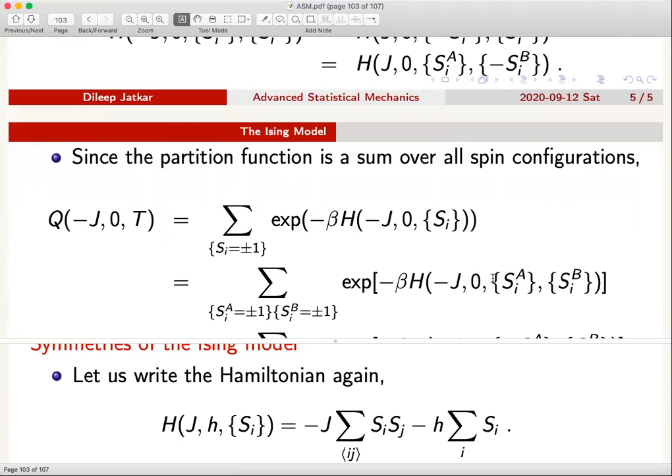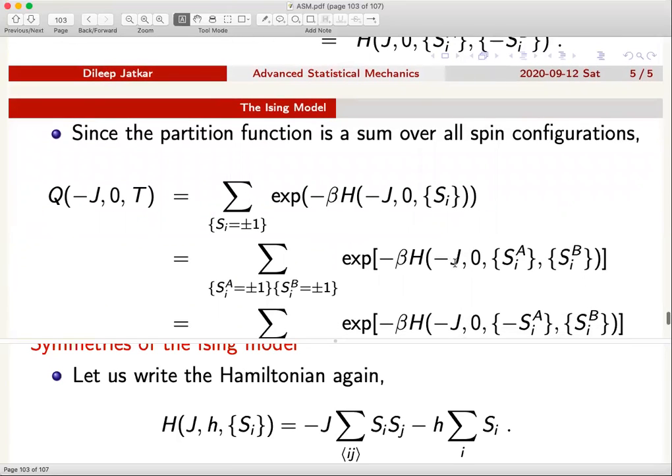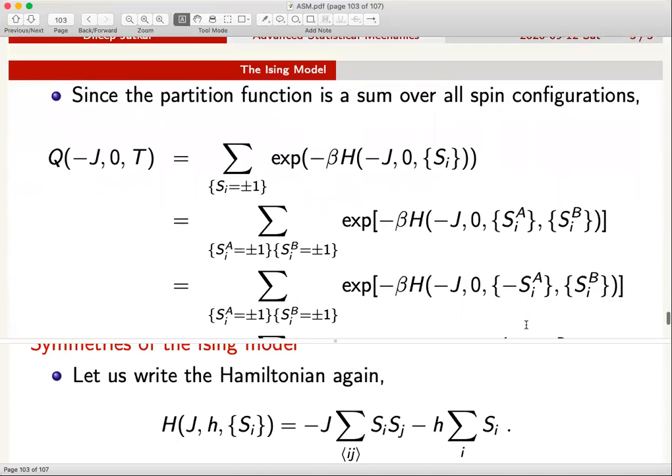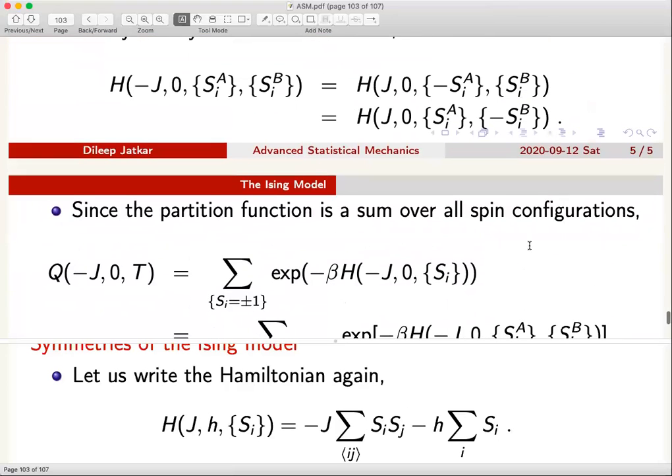Now the symmetry of the Hamiltonian tells us that we can write this quantity by swapping the sign of the spin. Sorry, I should have written this with J. I could trade off the sign of J to the sign of SiA, that is what this Hamiltonian tells us.